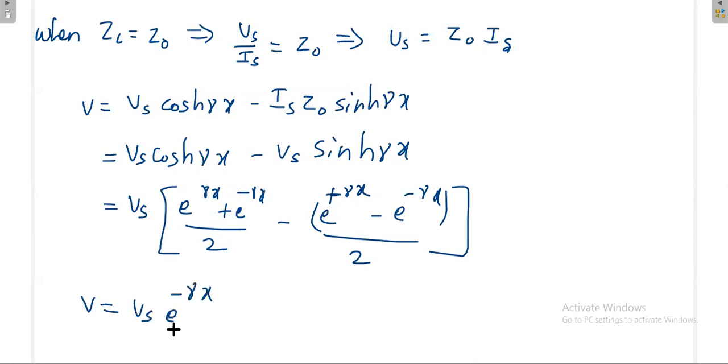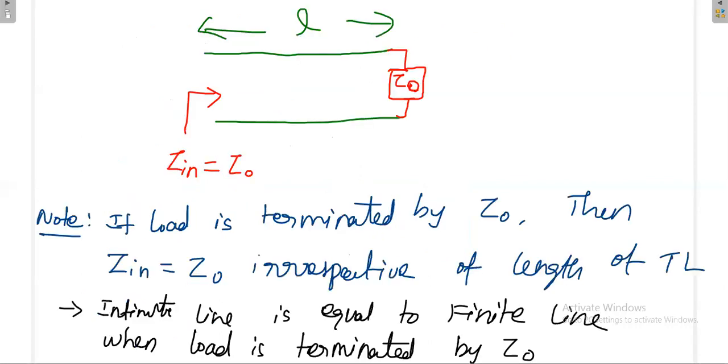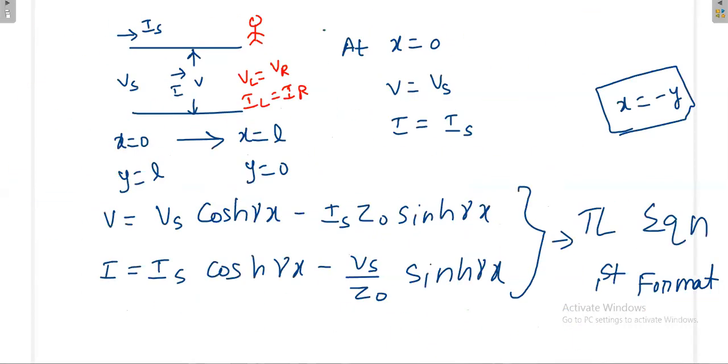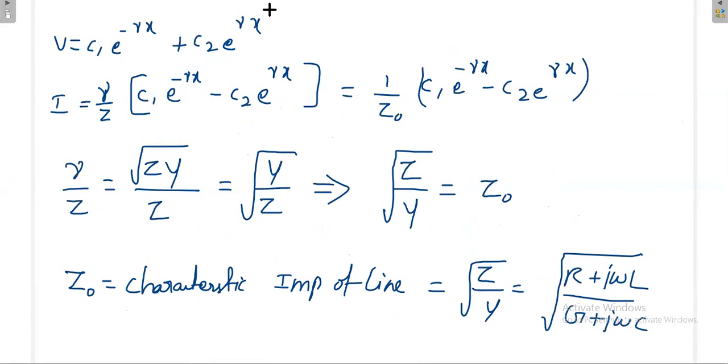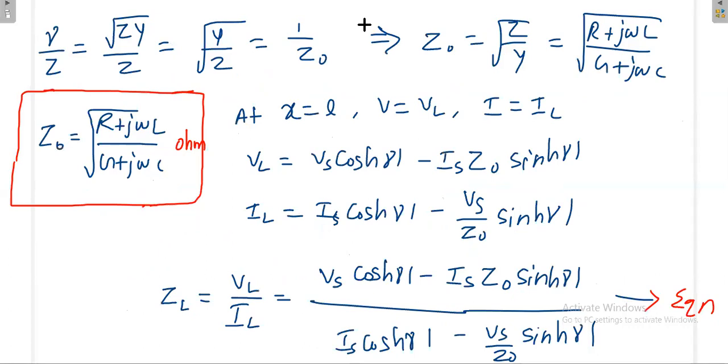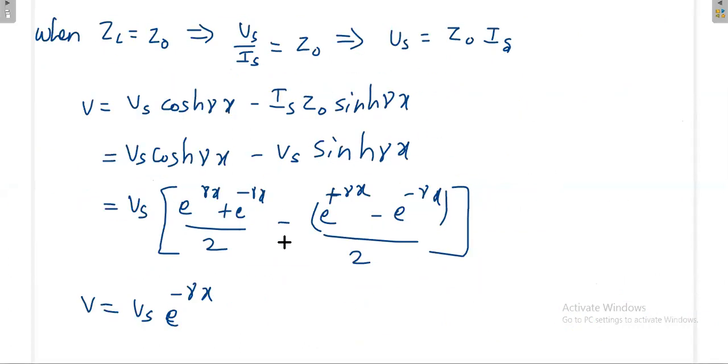Can anybody tell me, if the positive gamma is gone, what is the meaning of that? Which component is not there, forward or reflection? Whenever it is negative, that indicates the forward component; positive indicates the reverse component. Now finally you are getting only negative, so which component is present?